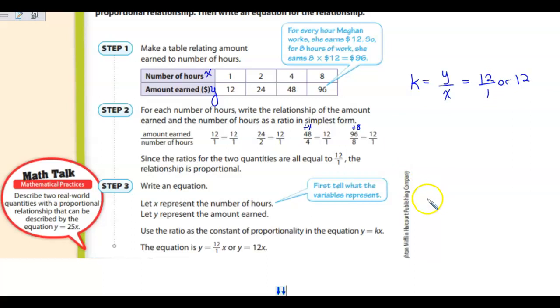So in the equation, y equals kx, y is the total amount or the amount earned, k is how much per hour, which we know to be 12, and x represents the number of hours. So this is the equation for this proportional relationship.